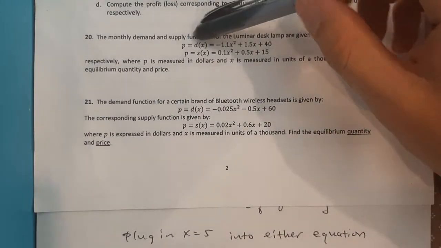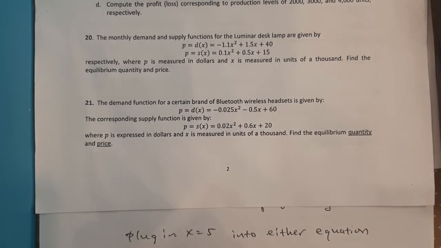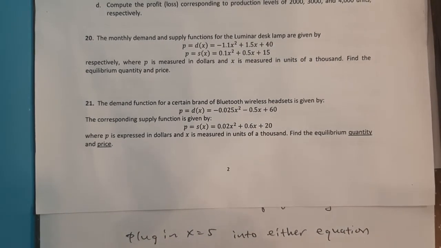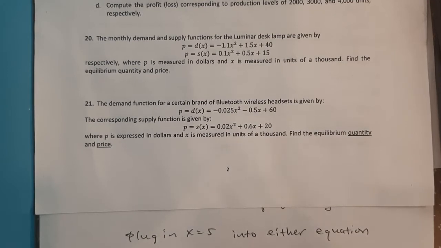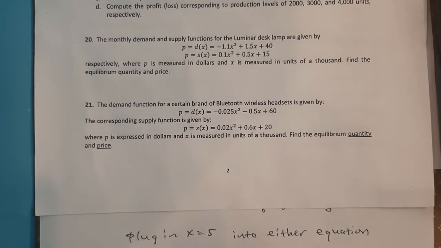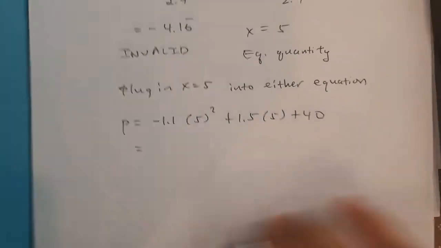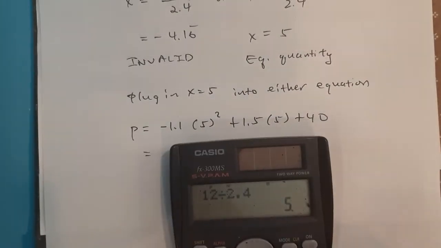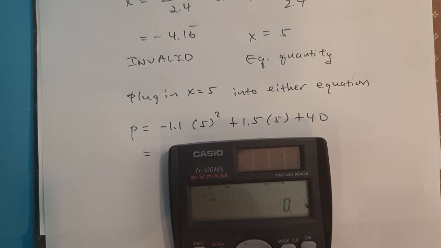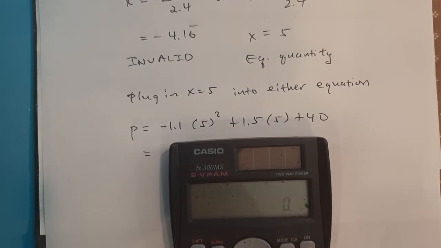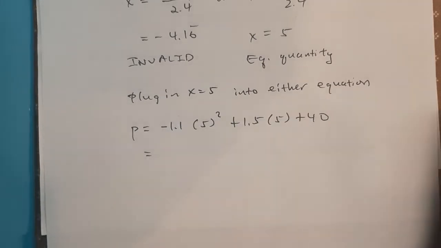So we're going to just plug into the first one. We have p equals -1.1 times 5 squared plus 1.5 times 5 plus 40. Then if you simplify it, we end up with 20.